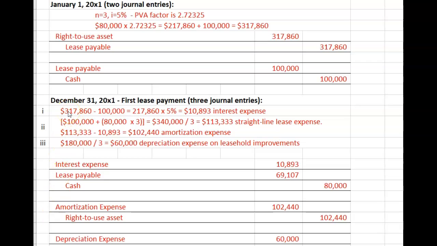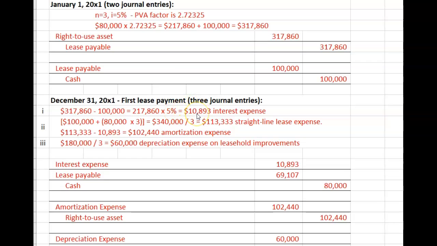In order to calculate the interest expense, we take our original lease liability minus the $100,000 that was paid up front. So the $217,860 is the lease liability on which we calculate the first year's interest at 5%.